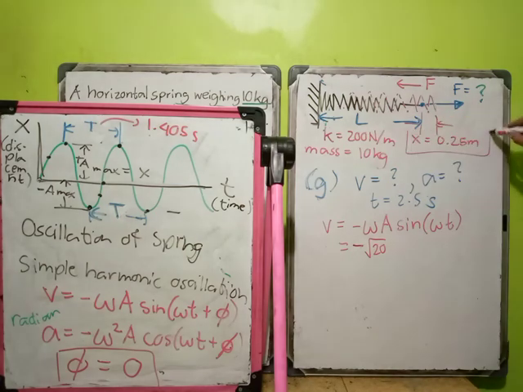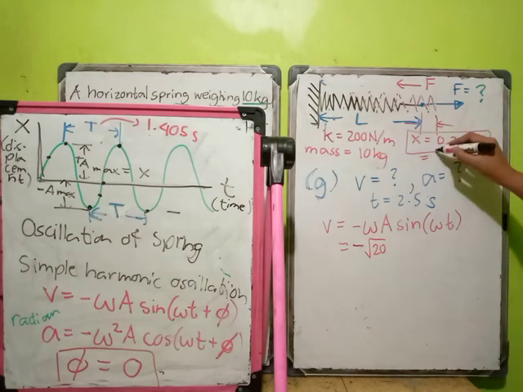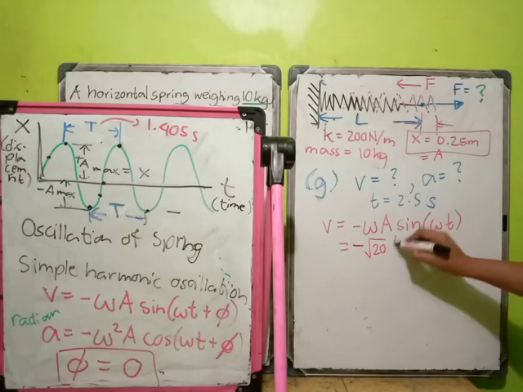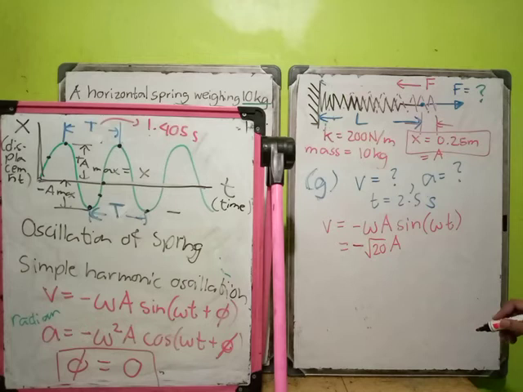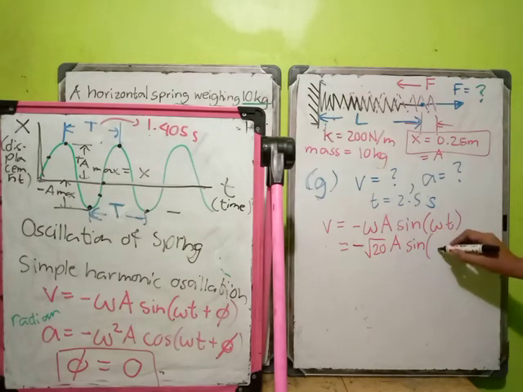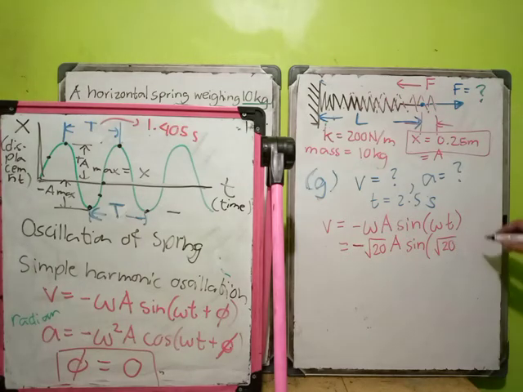So, this is equal to the amplitude times sine of square root of 20 times the time.